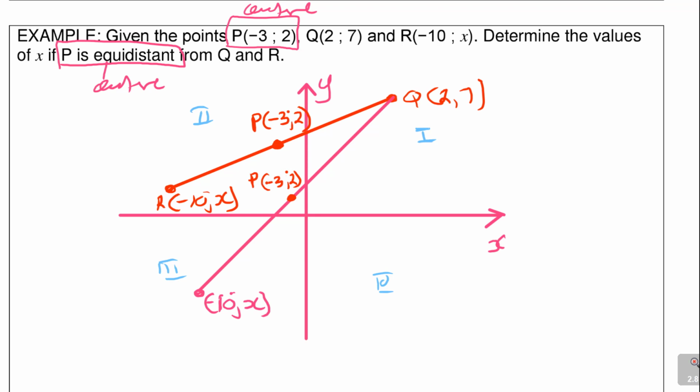So what you do is the same thing we did when we were looking at this part of being equidistant. Remember, this was R, and we said what is the condition for equidistance? It means the distance from R to P is equal to the distance from P to Q. That's what it means.